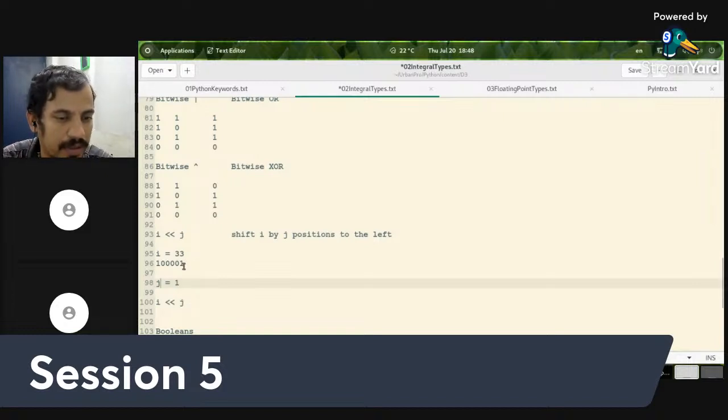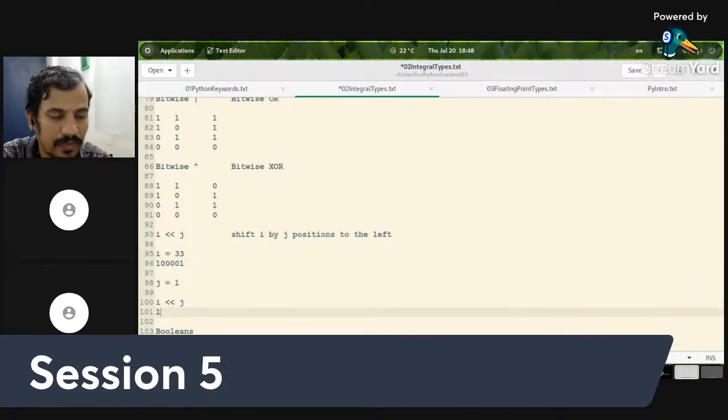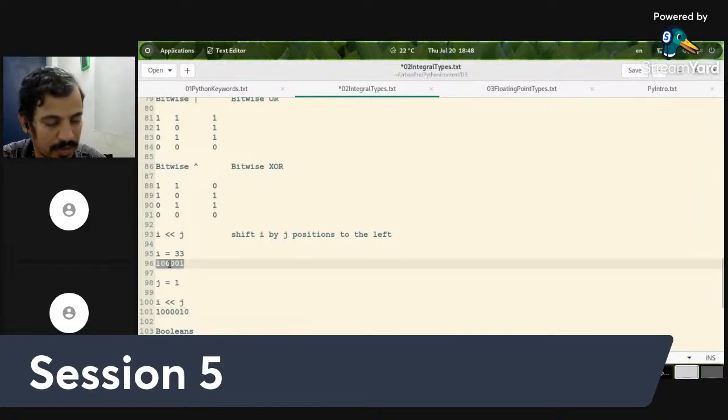So what happens is this 1 gets shifted here, 0 shifts here, and so on, and the resulting value will be 1 followed by 4 zeros, 1 and a 0.